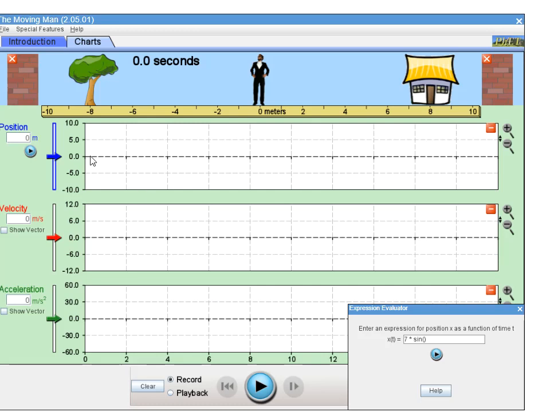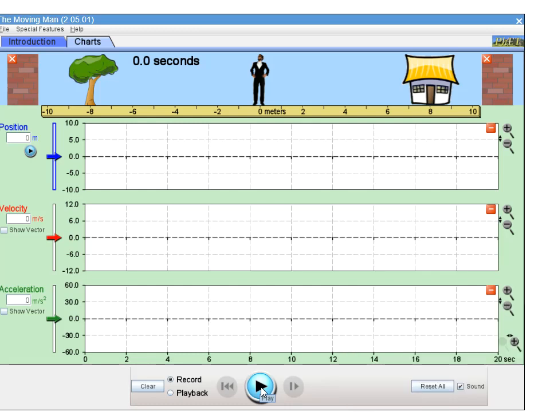I could decide I want the curve to go up and down and up in 2 seconds, and that would be 2 pi over 2, so that would just be 3.14 times t. Don't forget your asterisk sign in there to represent multiplication. I'm going to hit enter.